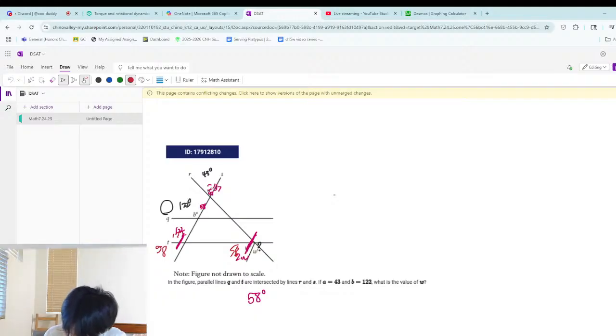Okay, so they got 50.5 this way. I'm assuming that you can't make this assumption right here.